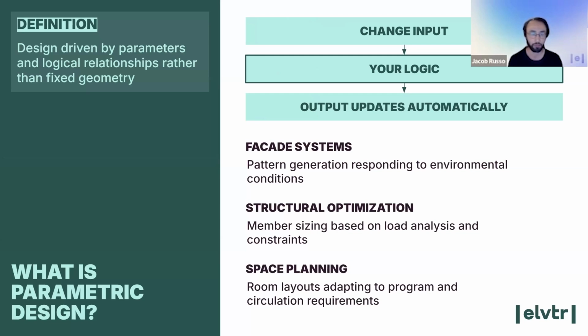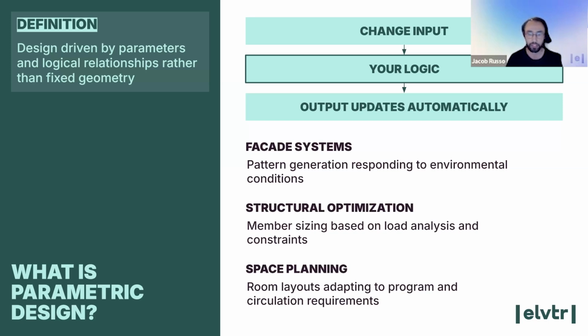So this is a key difference from traditional CAD. There are some examples, like facade systems, structural optimization, space planning. In all these cases, with parametric design, you start to encode design intelligence into a system and then be able to explore variations far faster than manual modeling.